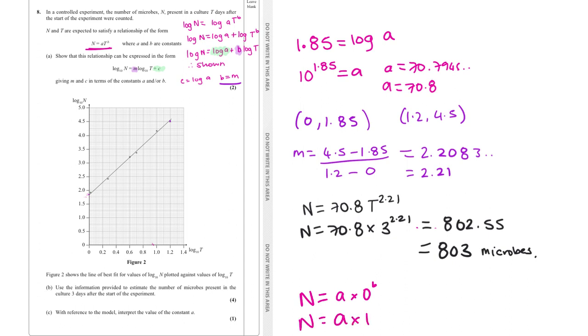If we were to put 1 to the power of B, it doesn't matter what B is, this will always be 1, so we'd just be left with A. So A is in fact the number of microbes after 1 day.